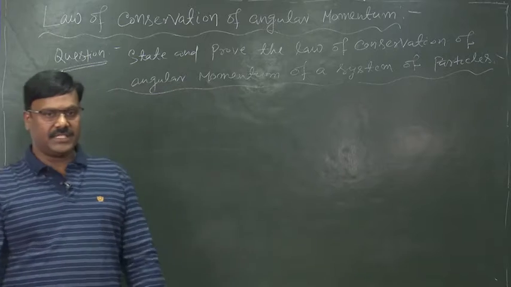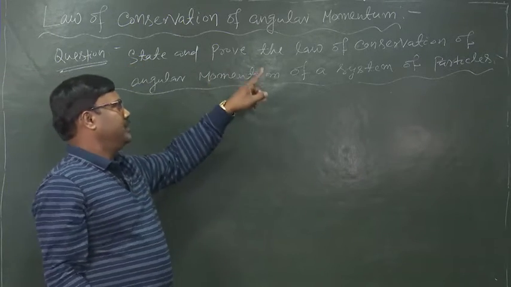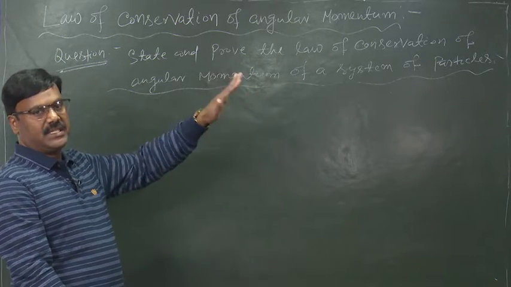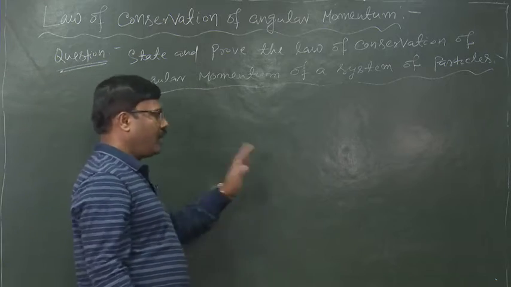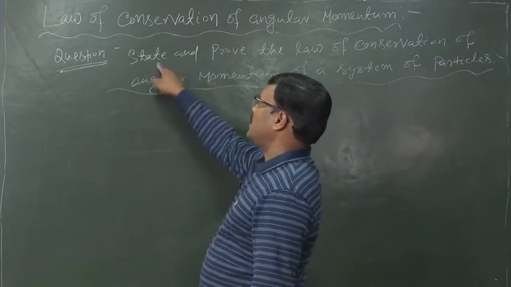The question is generally asked like this: state and prove the law of conservation of angular momentum of a system of particles. So, in solving this question we should first give the statement.